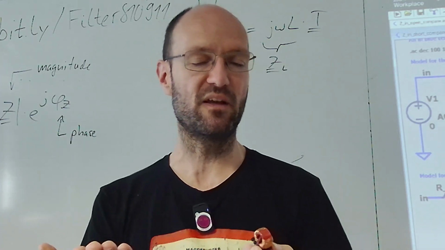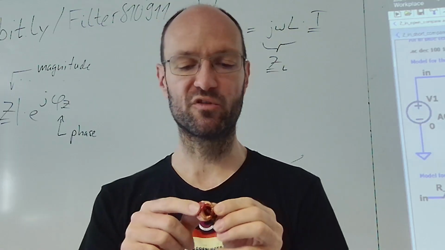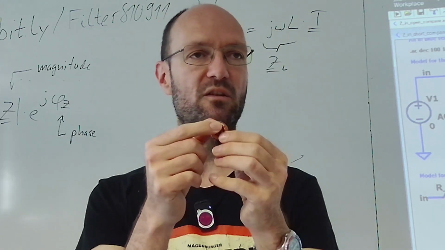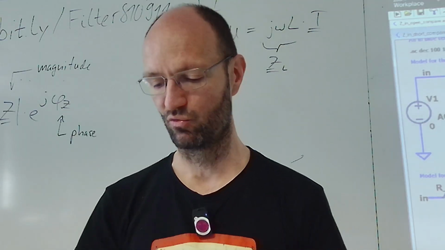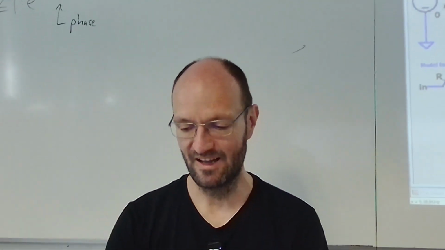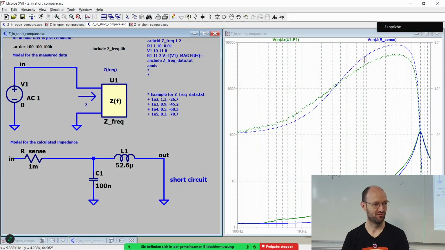And this effect is not included in our model. Also the losses, the permeability, the conductivity of the core material, they will also change with frequency, and this is not included in our model. And that's why, as George Box said, all models are wrong, but some models are useful. And we cannot get a perfect fit.